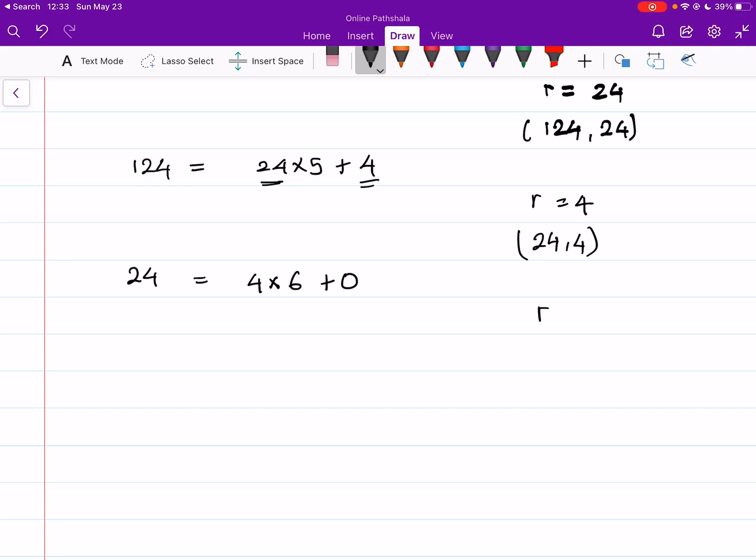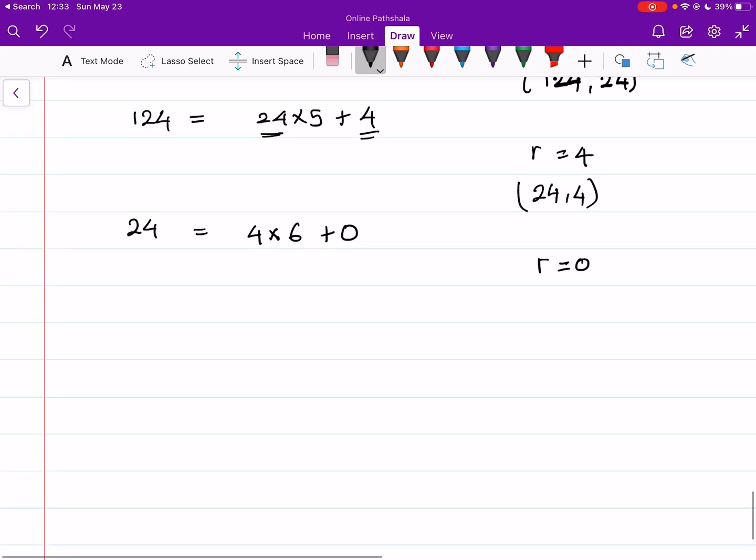So we get R equals 0, and that is where we stop. Now the remainder has become 0, we don't need to move any further, and the divisor at this stage is the number 4. So the HCF of 12,576 and 4,052 is the number 4.